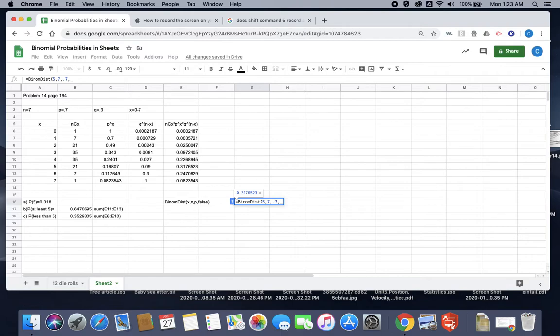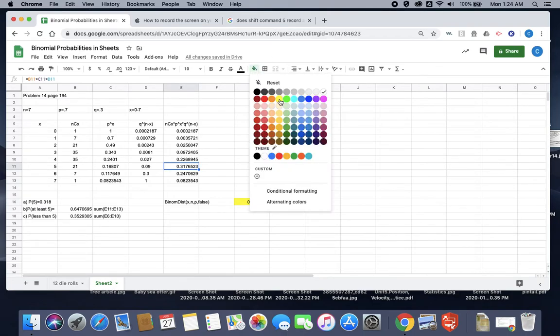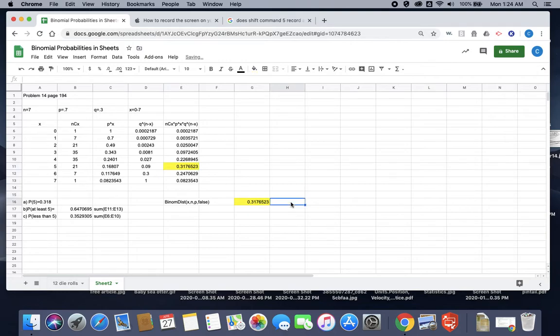And because we want an individual probability, we're going to type the word false. And hit enter. Again, 0.3176. Hey, that's the same number. I'm going to highlight this in yellow to match it up with the same answer we got up here. So right next to this, I'm going to type in what we put in. We put in binomial distribution 5, 7, 0.7, false.